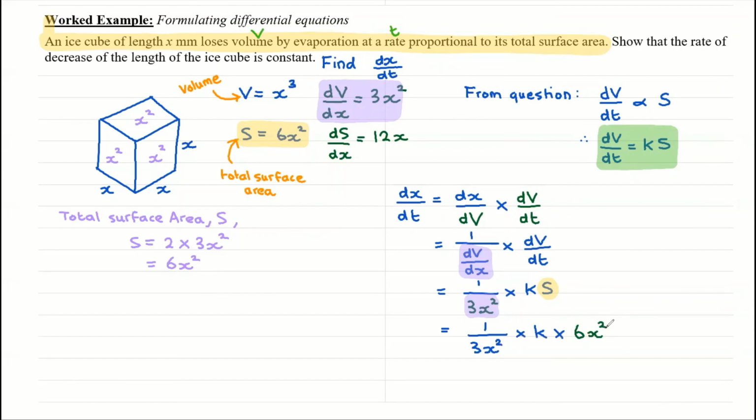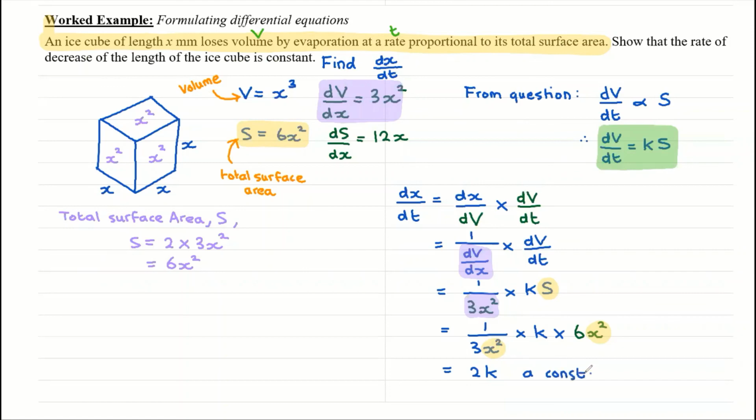And now we're going to see the cancellation take place. We've got the x squared in the denominator, that's going to go with that, and the rest is just constant. So we're left with a rather elegant 6k over 3, which is, of course, just going to be 2k, which is a constant.